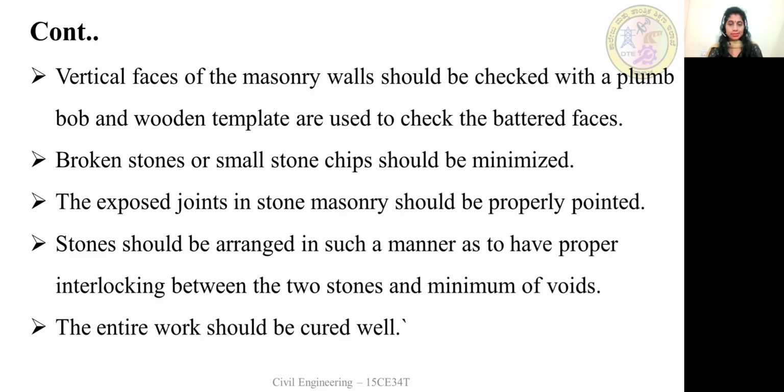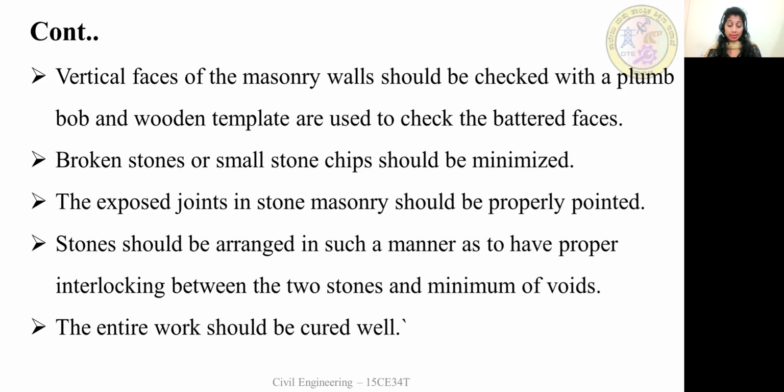Stones should be arranged in such a manner as to have proper interlocking between the two stones and minimum of voids. In case of dry rubble masonry, we do not use mortar. So we will use larger stones and the gaps between the larger stones are filled with small stone chips, right?